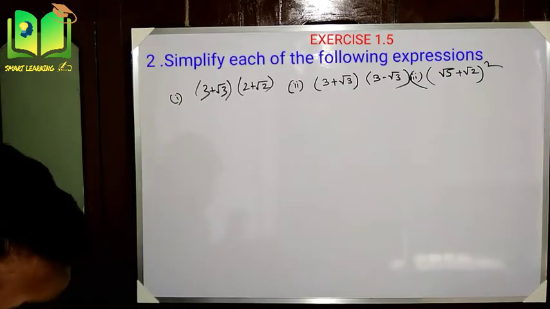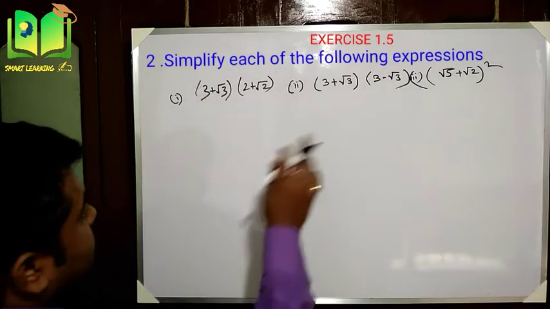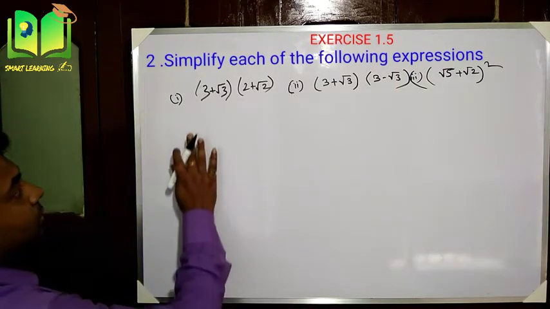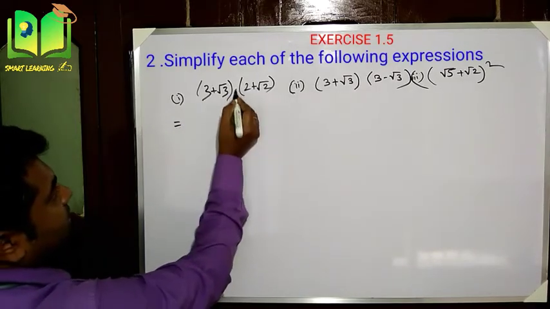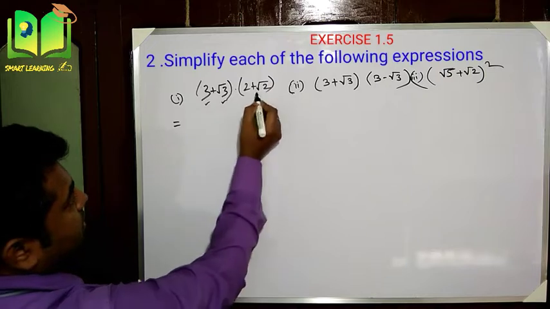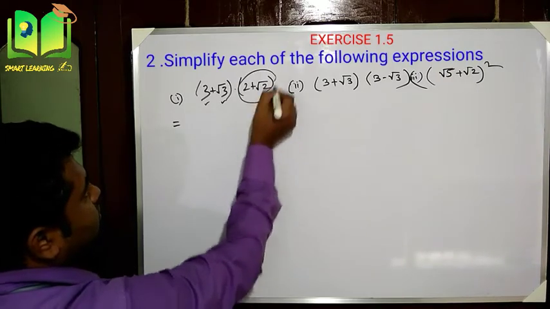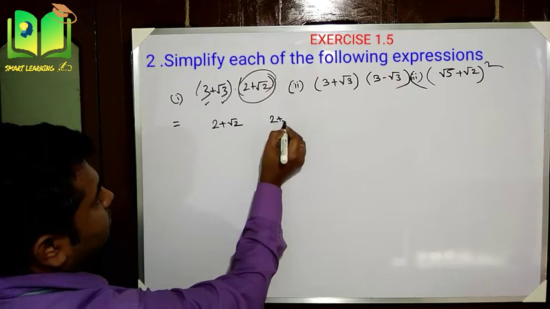Our next question. Simplify each of the following expressions. 3 expressions are here. So we will simplify it. See, what is the sign here? Multiplication. And how many terms are here? 2 terms. That's why I will write this 2 plus root 2 two times: 2 plus root 2, 2 plus root 2.